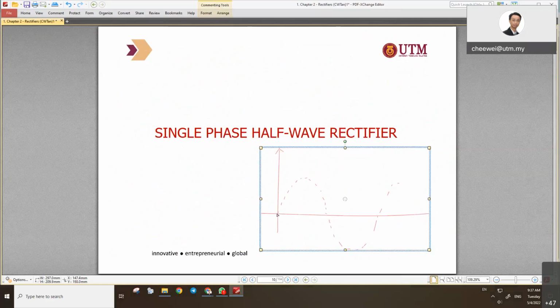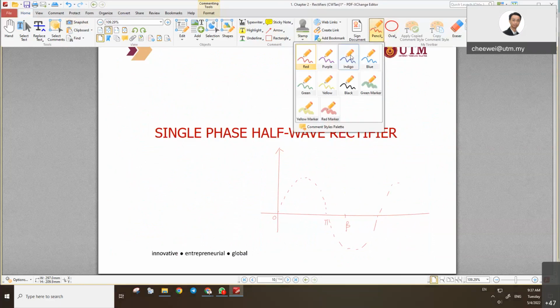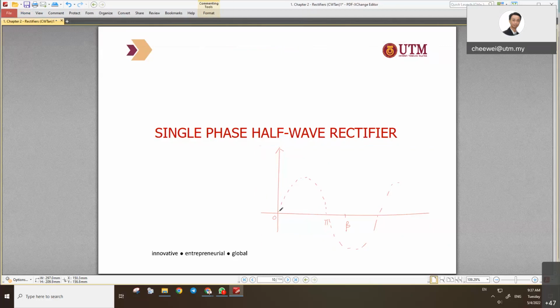So here we start from 0, pi, and then we know beta. So what do we do next? We know the current starts from 0 until beta, so the output voltage waveform also comes up. It follows the waveform until this point beta, where it stops.